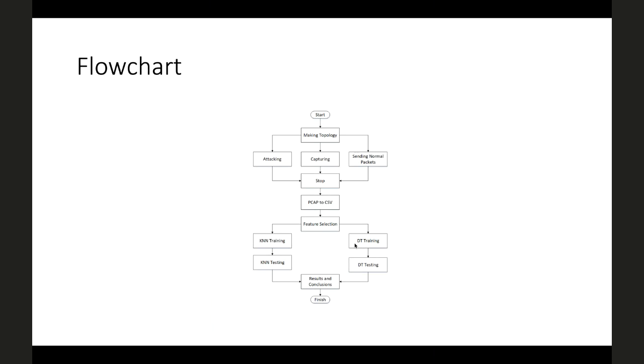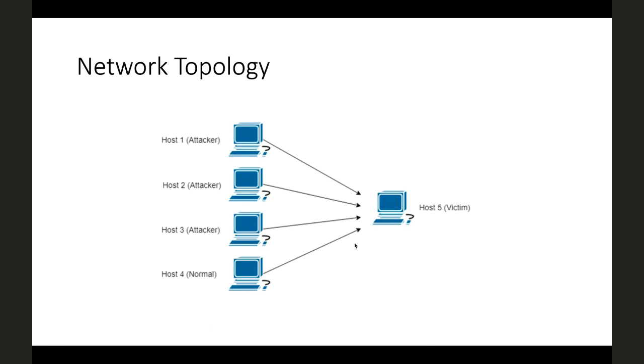After we get the CSV, we do feature selection that will be used in our machine learning algorithms, KNN training and decision tree training. After KNN testing and decision tree testing, we get the result and the conclusion of our research. And this is the network topology.